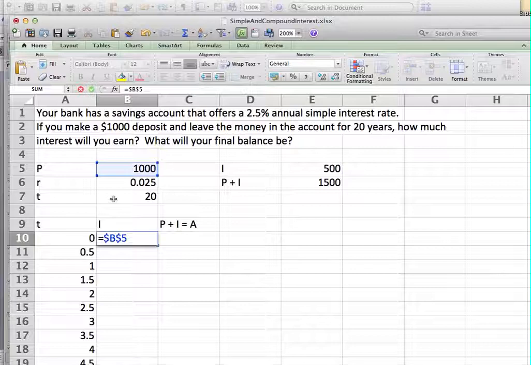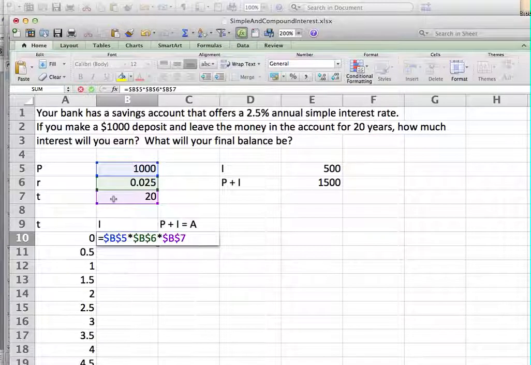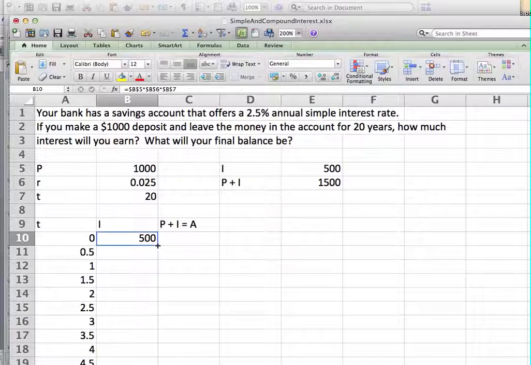In effect, $B$5 times $B$6 times $B$7. It is enough to just use the second dollar sign in these because we're wanting to keep the rows fixed. But I will, just to be safe, use double dollar signs like I've just shown you here. That keeps the cell references fixed if I copy and paste downward.